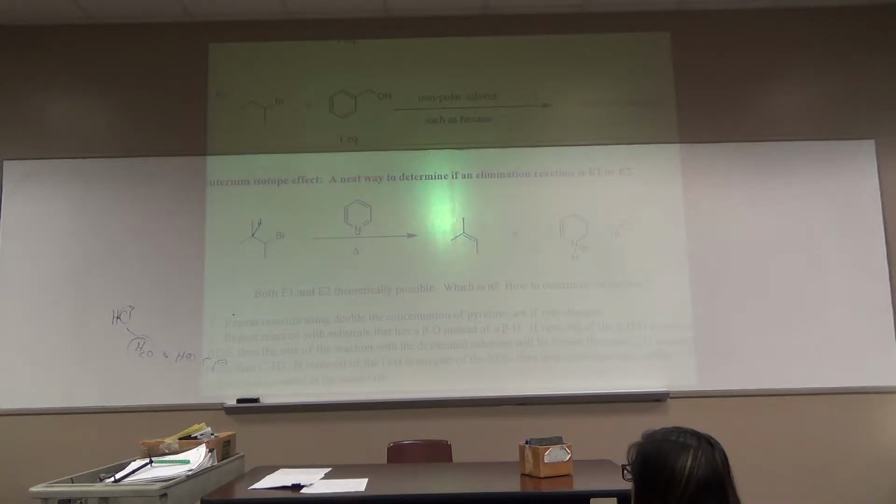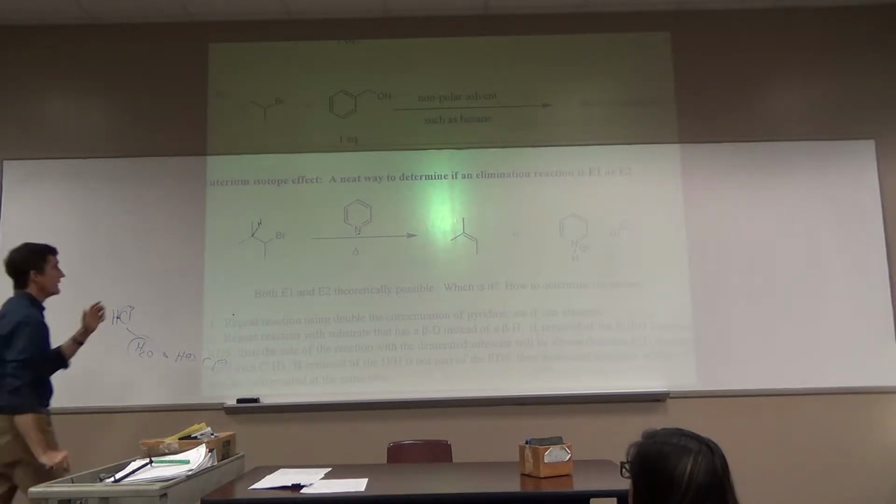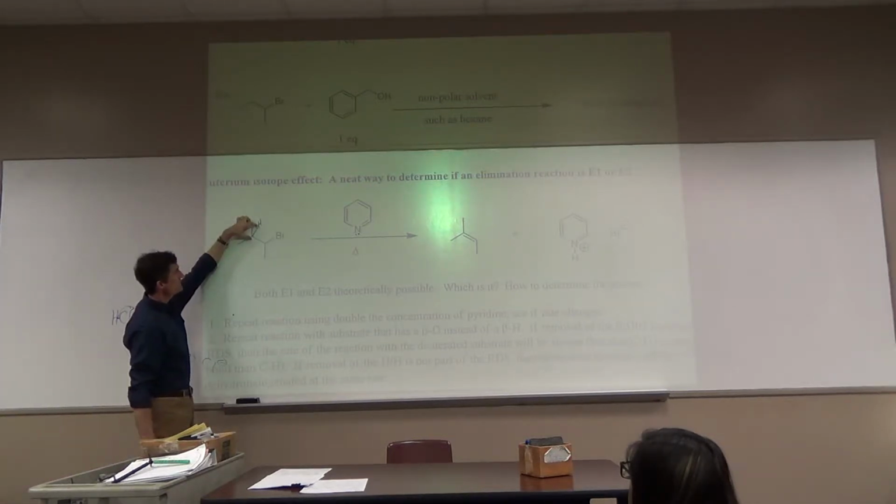E2. Because what's the rate determining step of an E1? Same as SN1, which is leaving. That's it. Make cation. Yes. And in E2, this C-H bond is broken in the rate determining step, but not in E1.